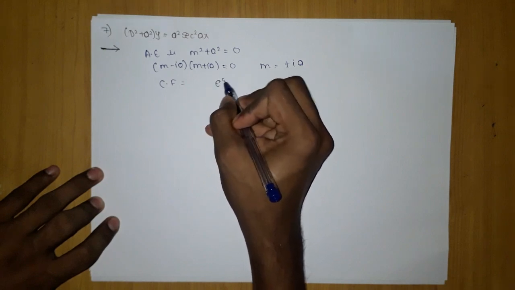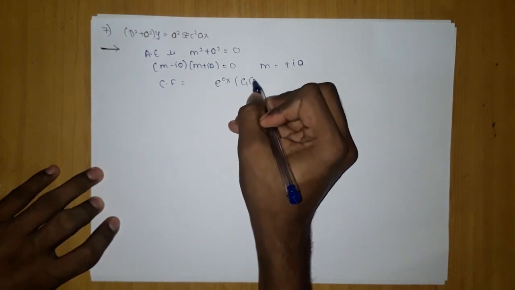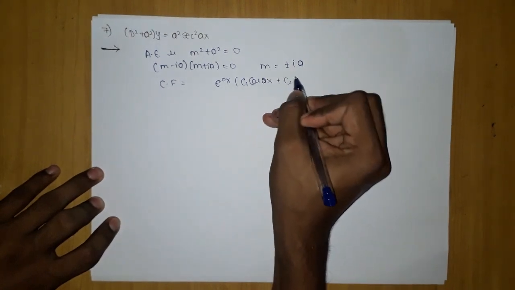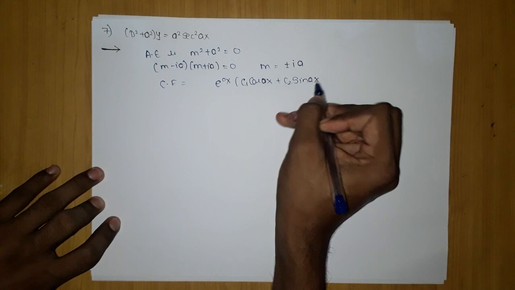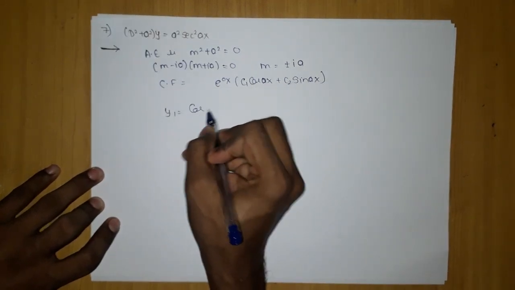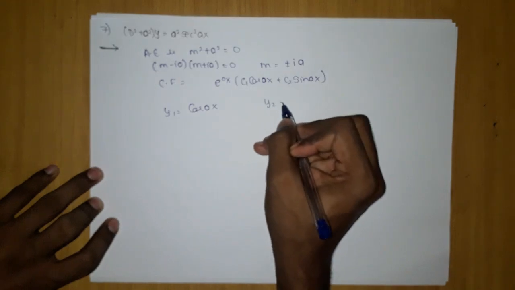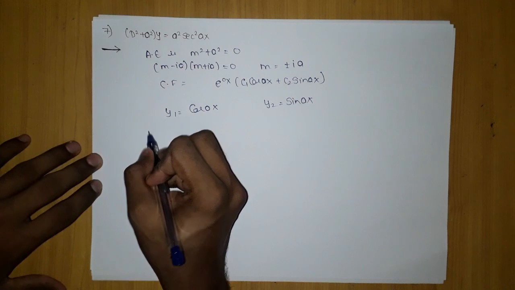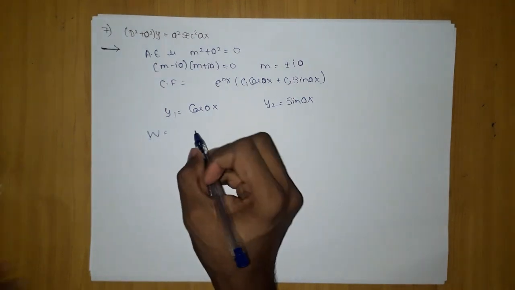Complementary function is e to the power 0x into c1 cos ax plus c2 sin ax. Now here everyone will take the same y1 and y2, which will be y1 equals cos ax, and y2 equals sin ax. Now let's calculate W. W will be simple.